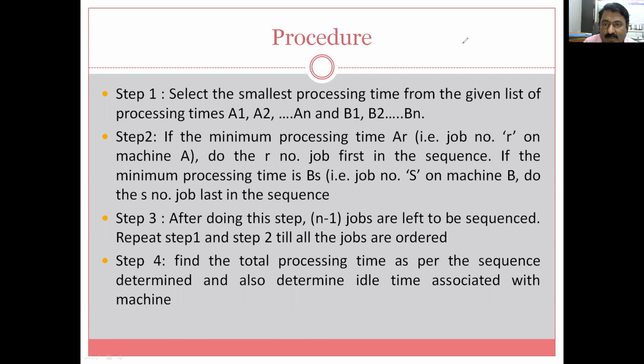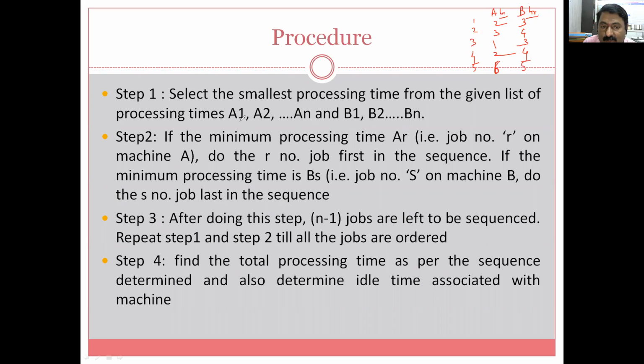Smallest processing time. So 5 jobs are there, 1, 2, 3, 4, 5, and this is machine A and this is machine B, and the time is given in hours: 2 hour, 3 hour, 3 hour, 4 hour, 1 hour, 3 hour, 2, 4, 1, 5. Select the smallest processing time from the given list of A1, A2.